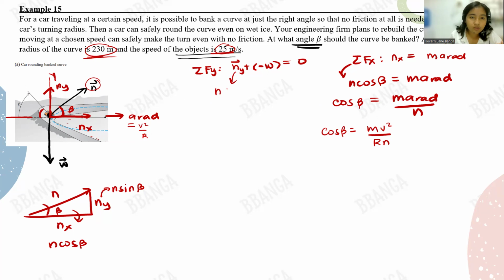Ang normal ko dito is n sine beta equal to weight. So, ibig sabihin n is equal to weight over sine beta. Pwede ko siyang gamitin dito. Cosine beta is equal to mv squared over r times weight over sine beta.